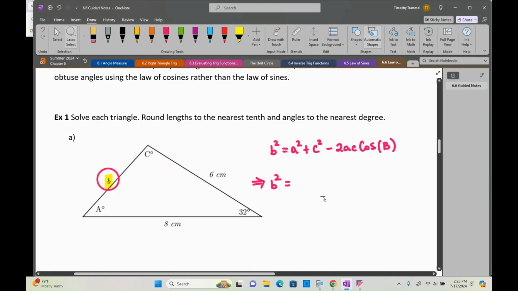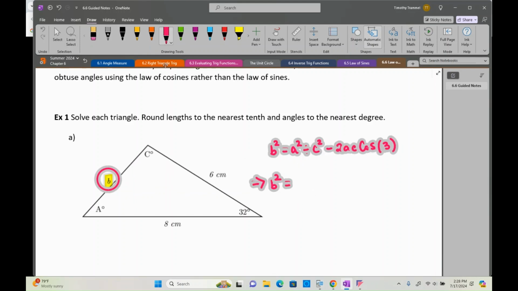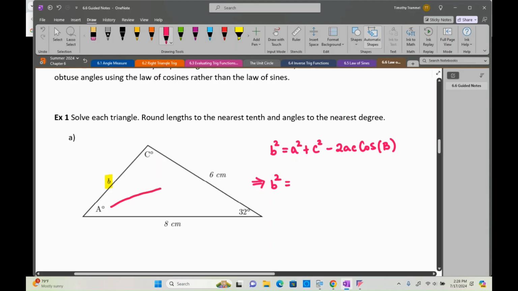All right, so our A, that looks like it is, so opposite of angle A is side a, which is a 6. So I have 6 squared. Looks like c must be that 8 squared. And then minus 2 times a, which is 6, times c, which is 8. And then cosine of the angle B, which is 32.